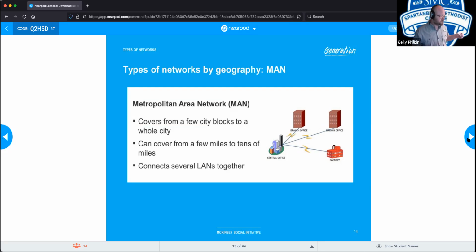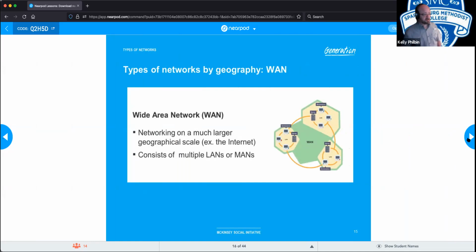All right. Just when you thought it couldn't get any bigger, let's expand it out a little bit more, to the WAN, or Wide Area Network. This is going into much larger geographical areas, like connecting multiple cities together.